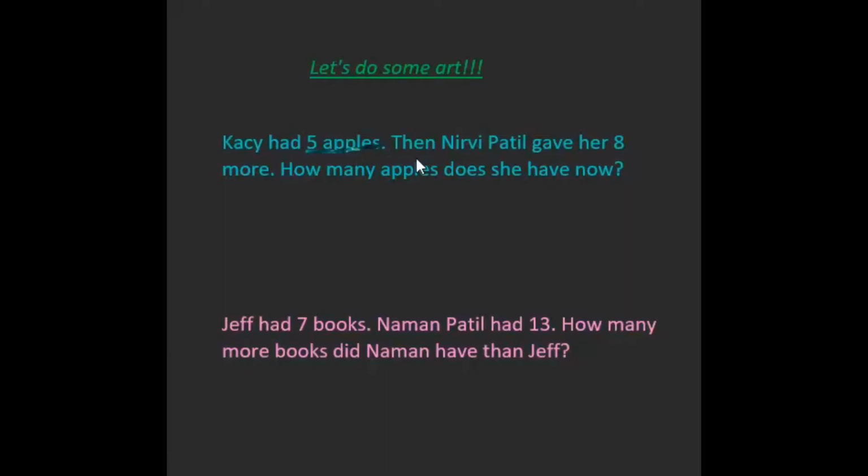Then Nervy gave her 8 more apples. We need that number 8, and we need to circle the word more. Then, how many apples does she have now? We can double underline this how many, because this shows that we need to add.